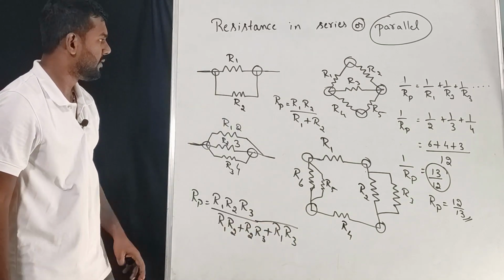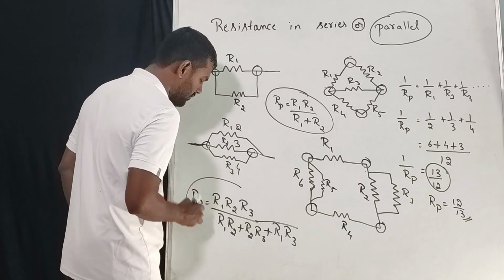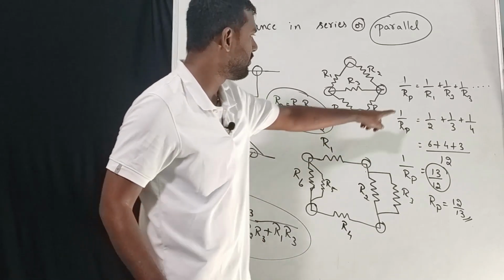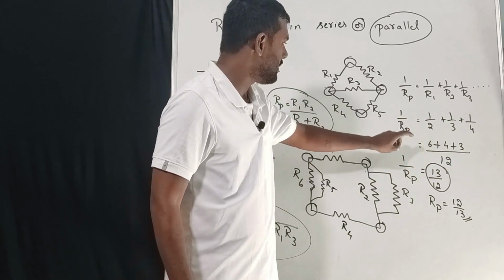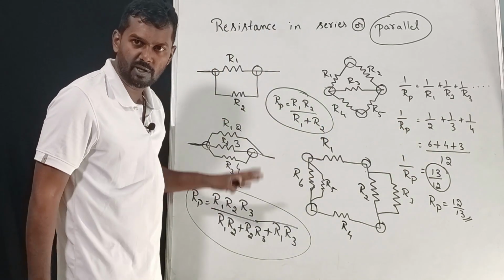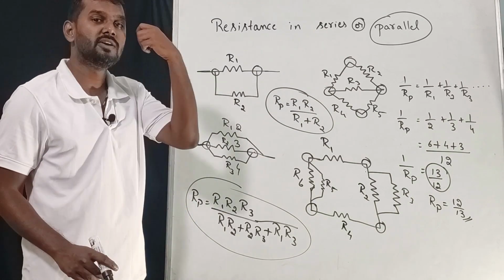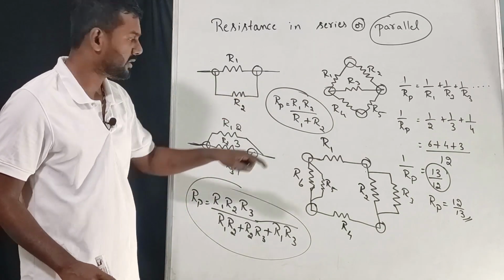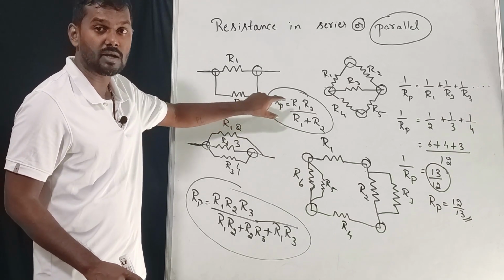Or you can go for the textbook formula, but you should not forget to take the reciprocal. Sometimes these formulas will be easy, but sometimes the textbook formula will be easy. So whichever is easy for you, you can go for it. The two-resistor formula is applicable only when two resistors are in parallel.